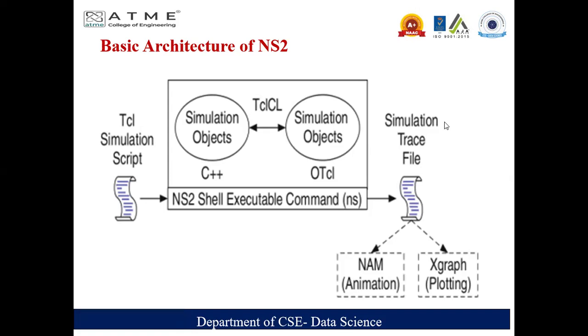Then the simulation produces a file called the trace file, which traces the entire process which happens in the program. It is like a log file, called a trace file. The trace file has two parts: one is the NAM file, that is the network animation file, and then the graph plotting, if we require it, can be done. So this is the structure of NS2.